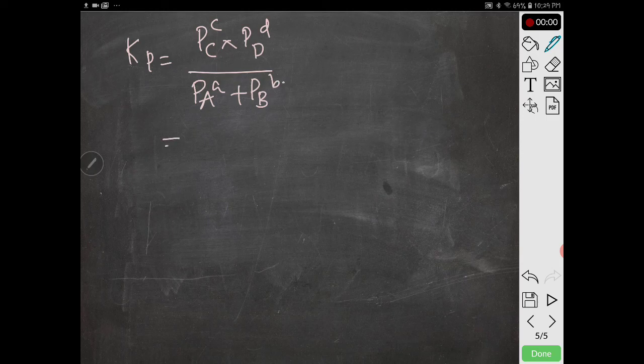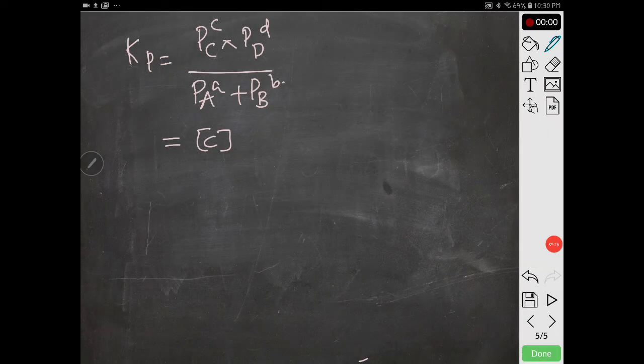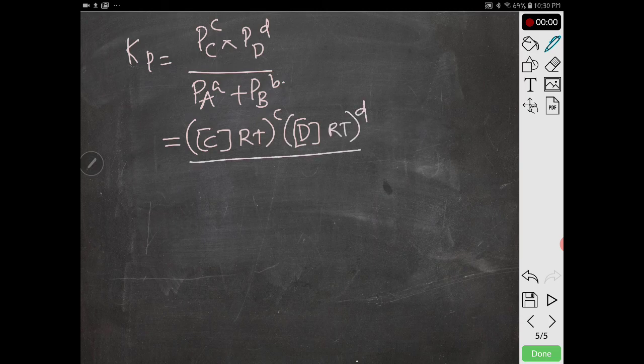So this could be written as molar concentration of C into RT raised to c into molar concentration of D into RT raised to d divided by molar concentration of A into RT raised to a into molar concentration of B into RT raised to b, right?